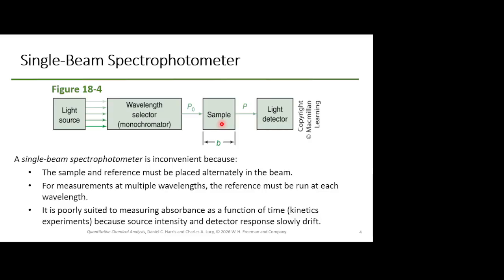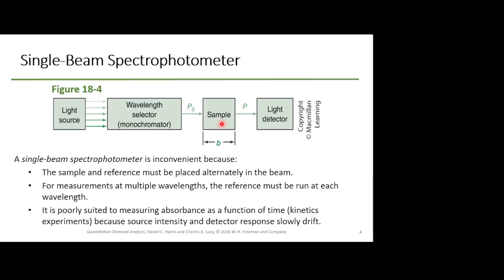Now, in a single beam spectrophotometer, this is going to be a little bit inconvenient because you actually have to place your sample and reference alternatively into that pathway of the beam.